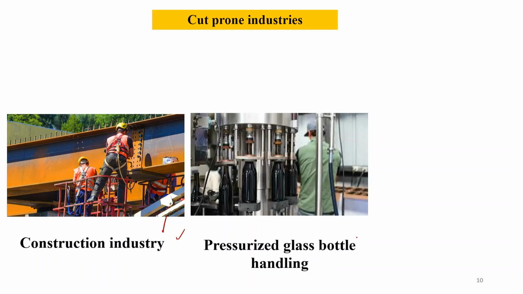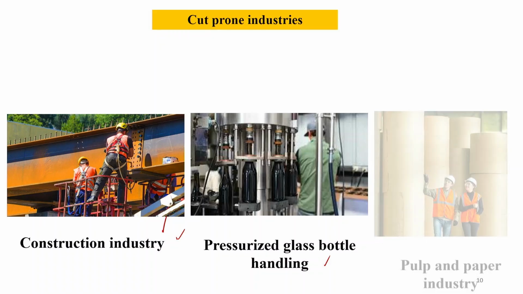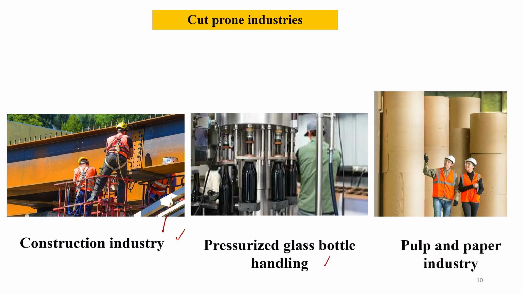Pressurized glass bottling. In glass bottling, the cut and puncture threats are always there. Pulp and paper industries. Any industries, any places where we have to handle sharp objects, even at our home while cutting vegetables or any other matter.